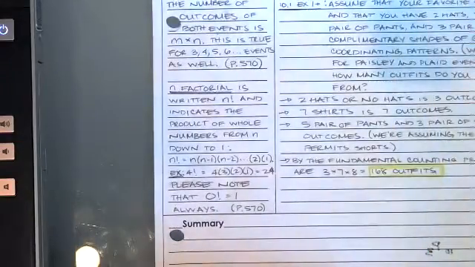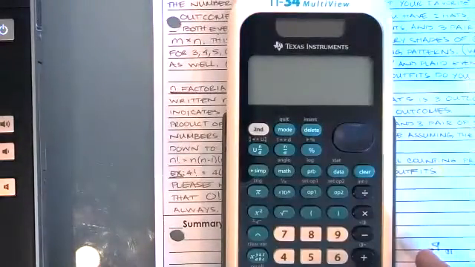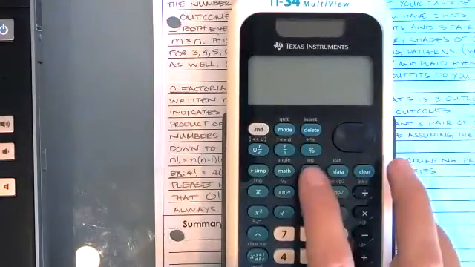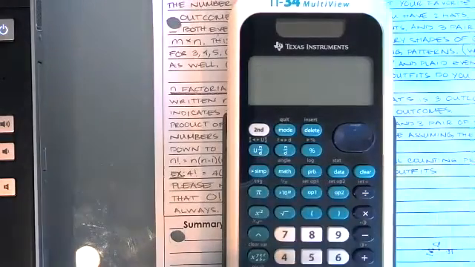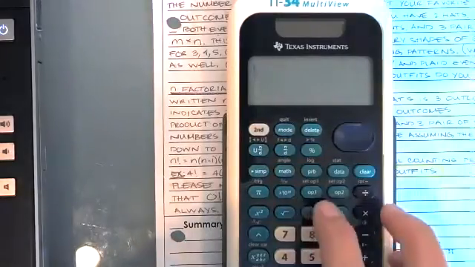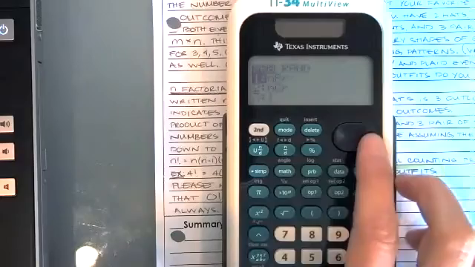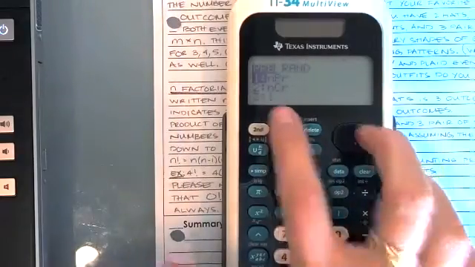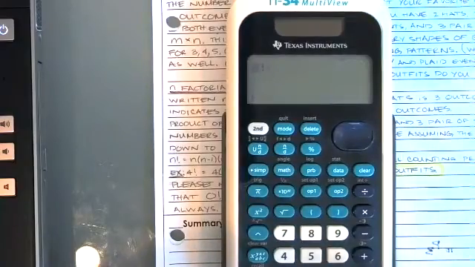Do you know where to find the factorial button on your calculator? So on my calculator, I have this probability, this PRB button. So if I put in 8 and then I hit probability, and you can see the exclamation point is the third option. So I just arrow down to that. I hit enter.